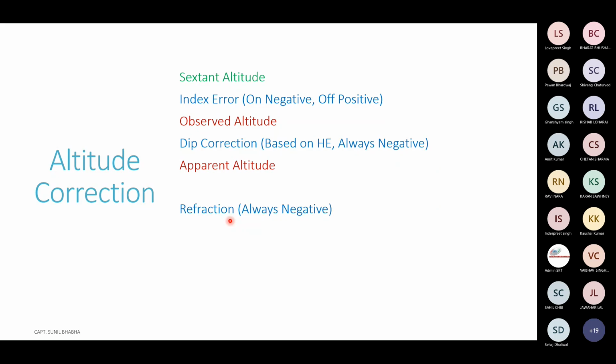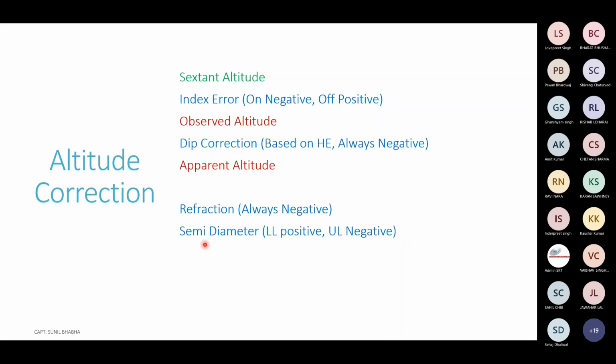So when the light is traveling in space, that is one medium, the density is 0. And from space, it enters into the atmosphere. Now, atmosphere has some positive density, so the light bends towards the normal. Now, this refraction correction is always negative. Because of refraction, the celestial bodies appear slightly higher than where they actually are. So this correction is always negative.